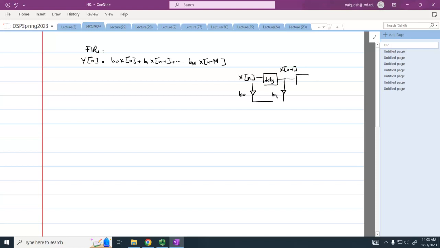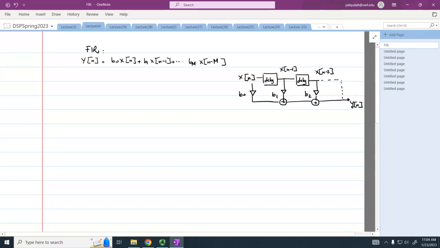Then I'm going to take it, I'm going to delay it. I'm going to get x of n minus 2. I'm going to multiply it by b2, and so on and so forth. And then I'm going to add these all together to get my y of n.